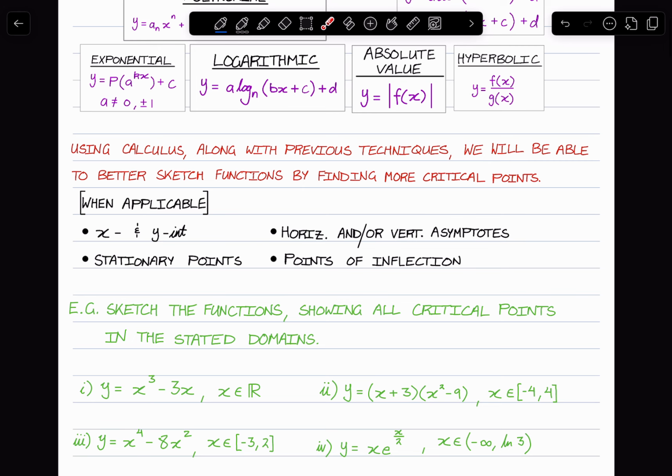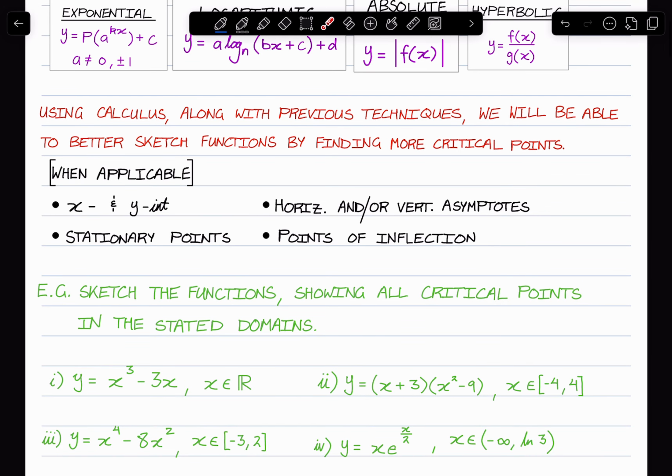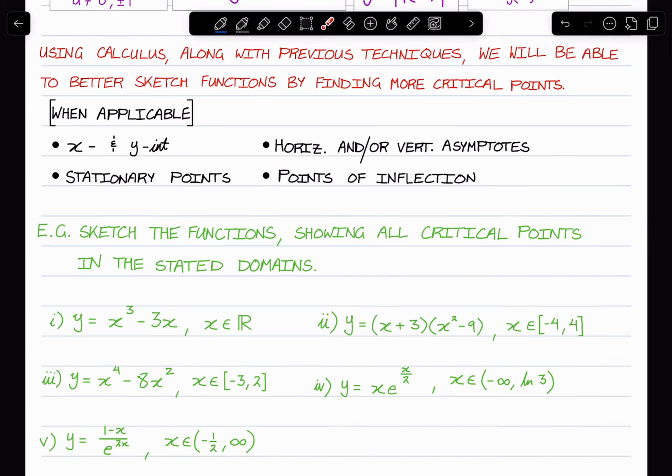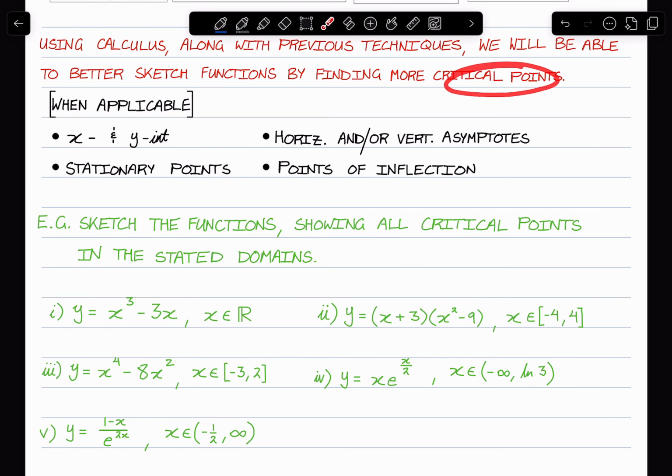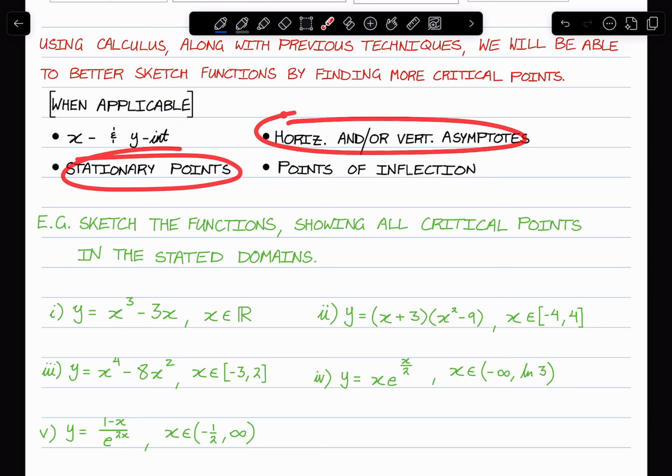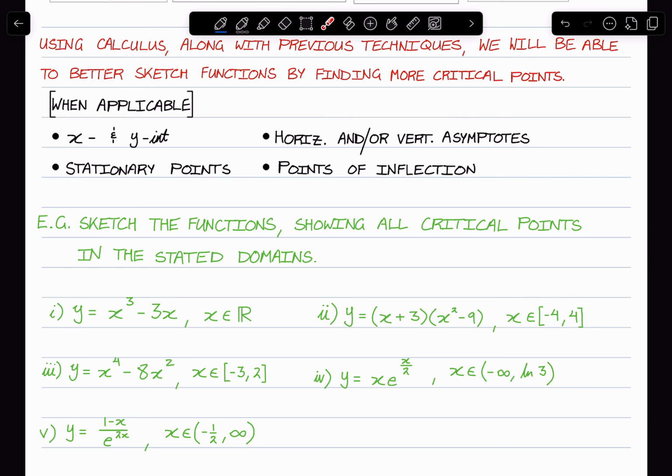But now, using calculus, along with these previous techniques, we will be able to better sketch functions by finding more critical points. Critical points, wherever applicable, are the x and y intercepts, stationary points, horizontal and or vertical asymptotes, and points of inflection.